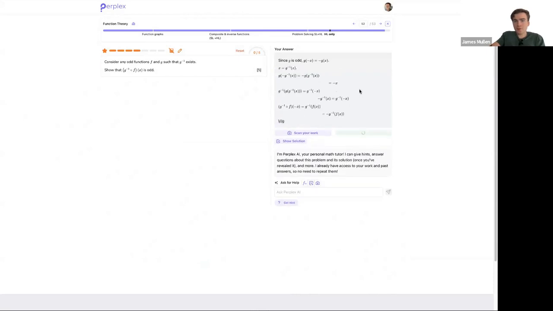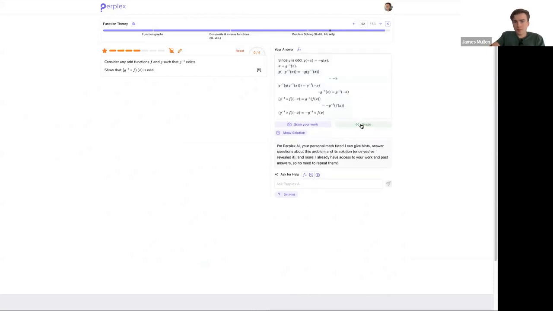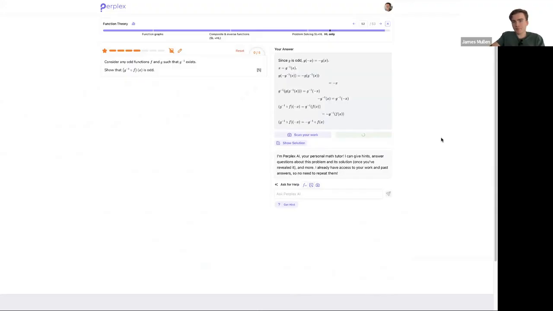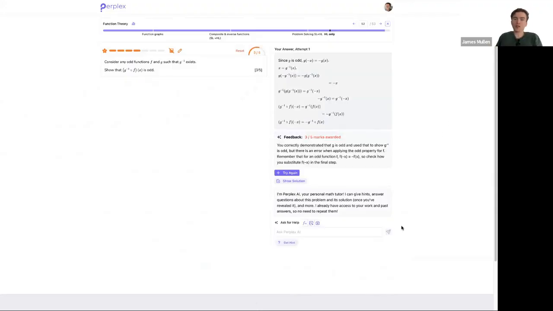My work is going to be transcribed. And then I can hit grade. So it wasn't completely happy with my work. You correctly demonstrated that g is odd, and you just have to show that g negative 1 is odd. Remember that for an odd function, what did I write?